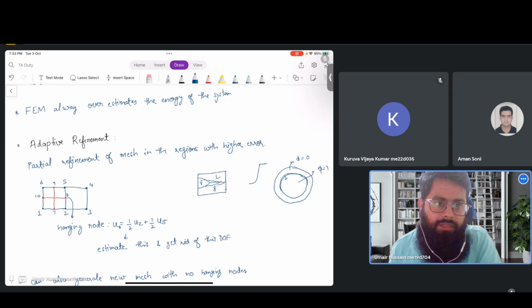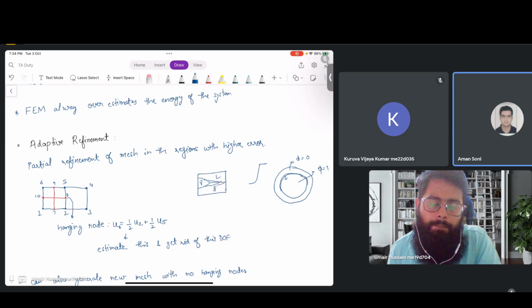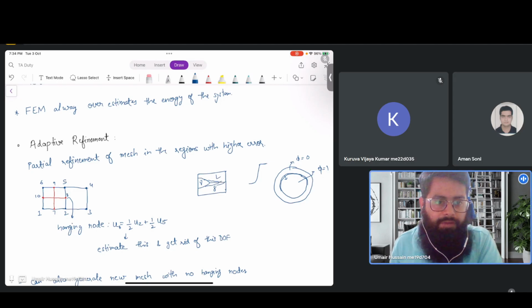Let me see if I have any results. I can't find that adaptive refinement part.